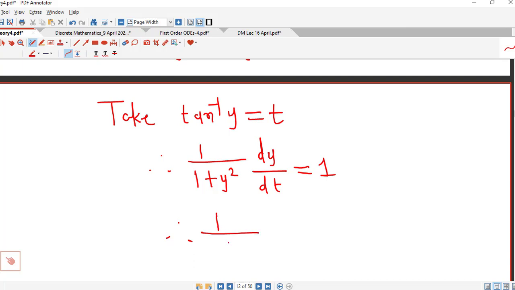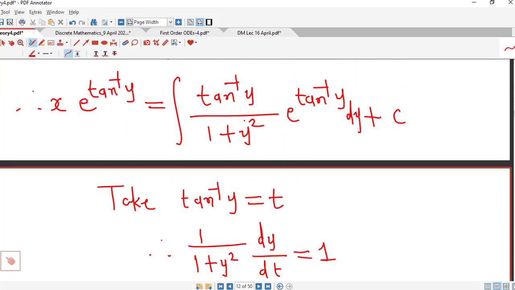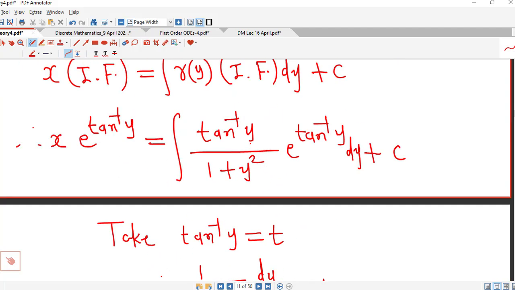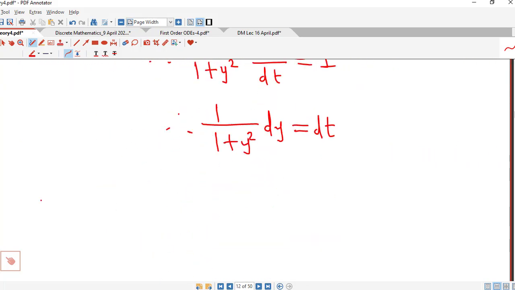Therefore 1 over 1 plus y square dy will be replaced by dt, and here tan inverse y will be t, e raised to tan inverse y will be e raised to t, and dy upon 1 plus y square will be replaced by dt.